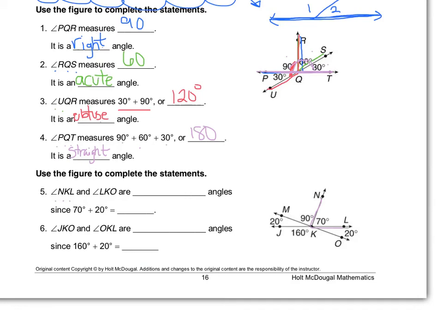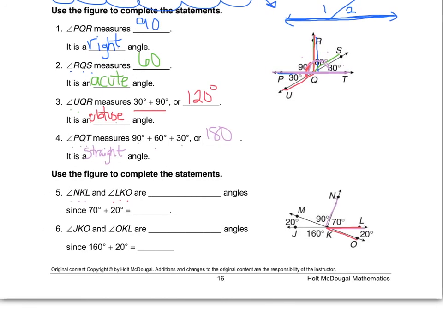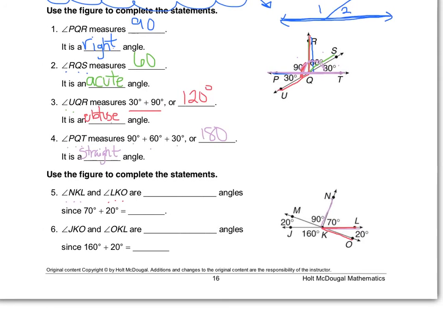And LKO. The first one was 70 degrees and that second one is 20 degrees. So add those together and we get 90, right? What do we call two angles that add up to 90 degrees? If you look up top, I hope it says complementary.